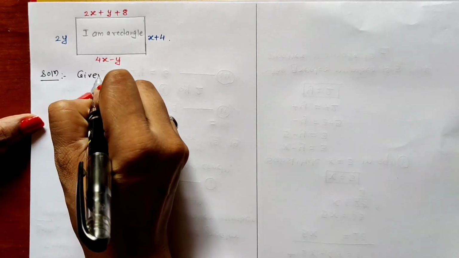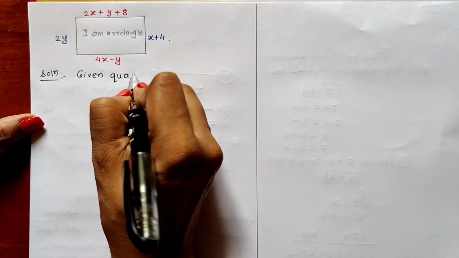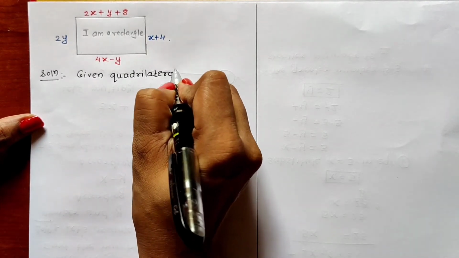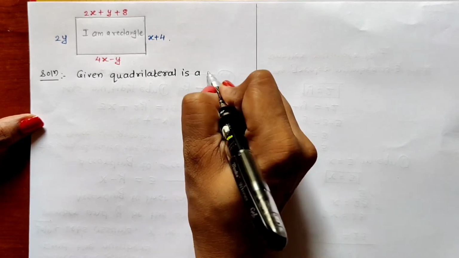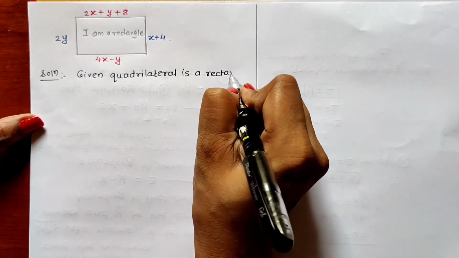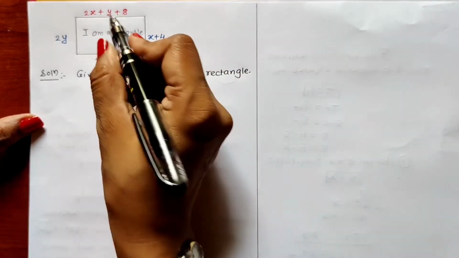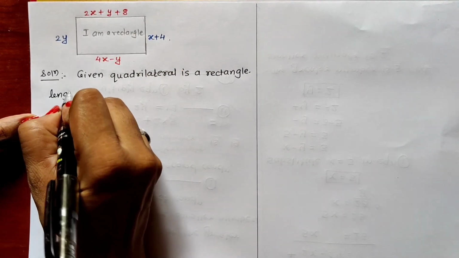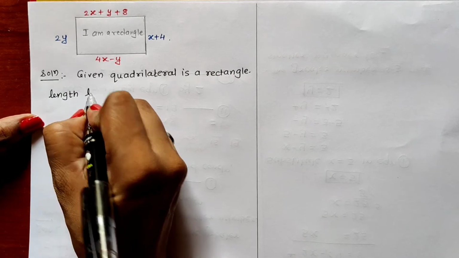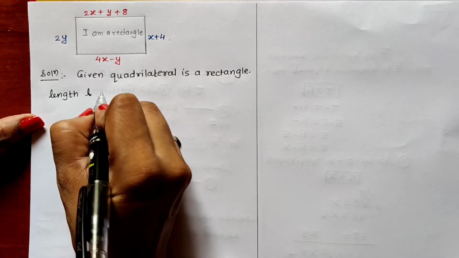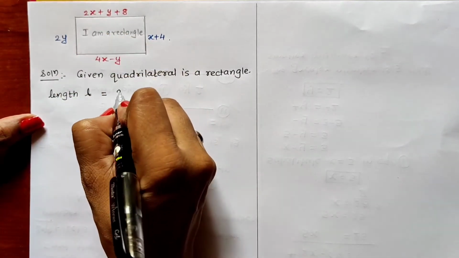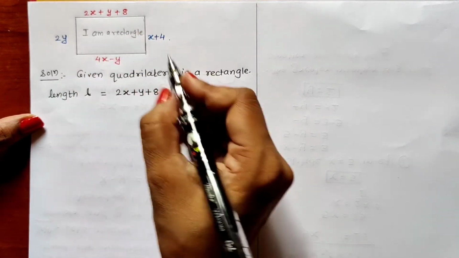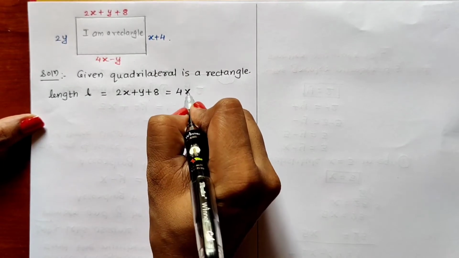Given: quadrilateral is a rectangle. Okay, this is a rectangle, and that's why its length and length will be congruent. So let us write length, which is L, will be equal to this 2x plus y plus 8 and 4x minus y.